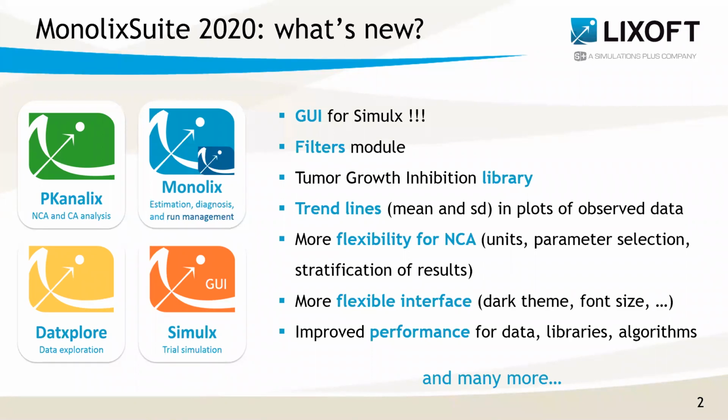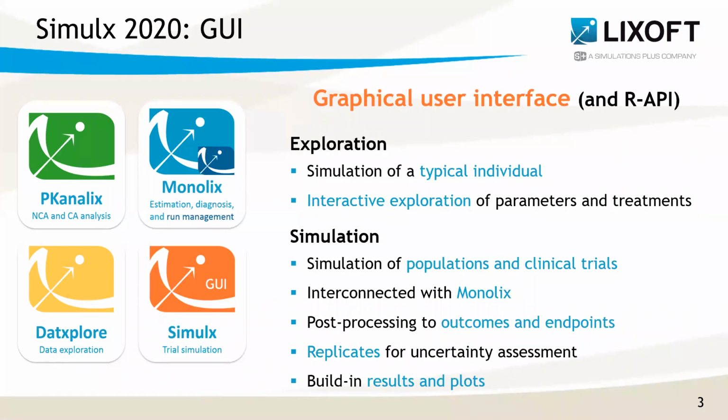We also have more flexibility for non-compartmental analysis, in particular the possibility to manage units in the data, to select parameters to compute and to stratify the results, a more flexible interface with a dark theme, the possibility to change the font size and so on, and also improved performances for data, libraries and algorithms, and many more.